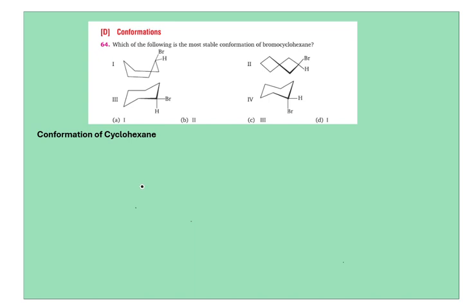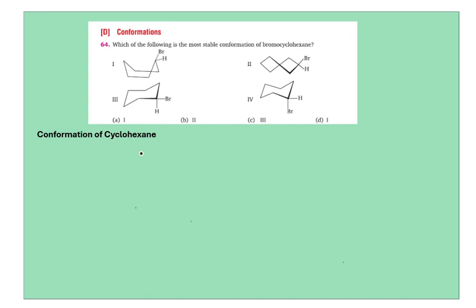In this video, I am going to explain conformations of cyclohexane molecule by solving the given question. By now, you might know what is conformation and what are the conformational structures for cyclohexane molecule.